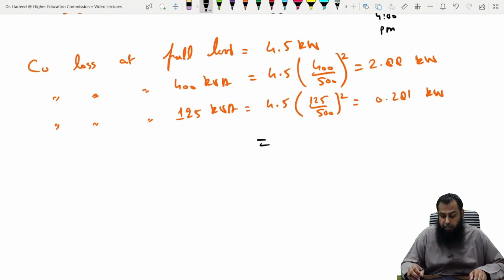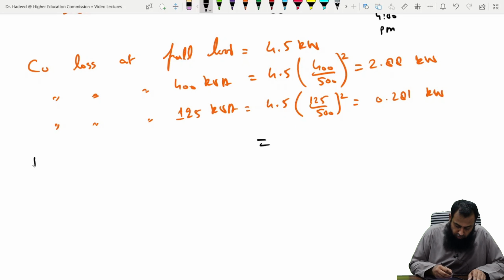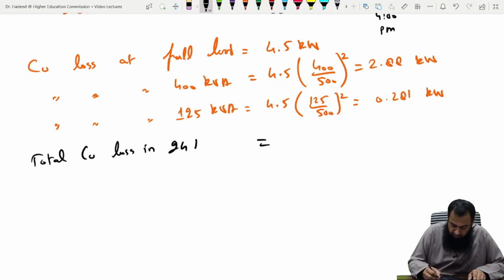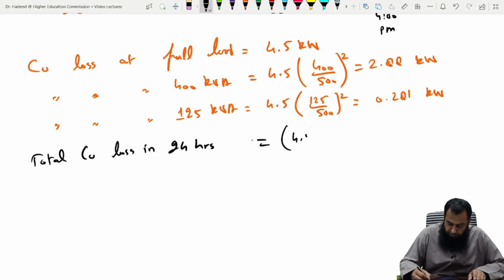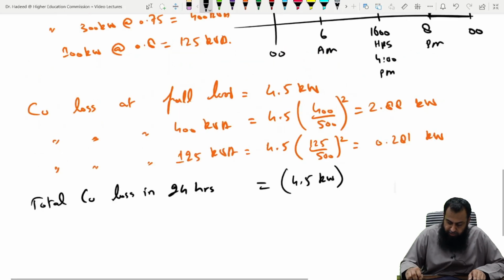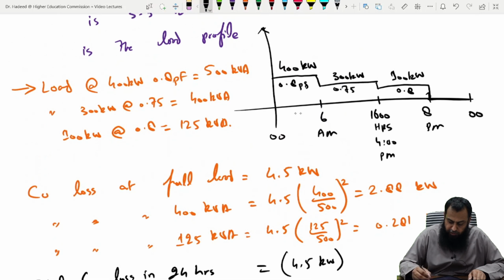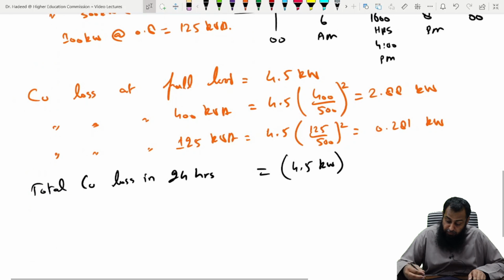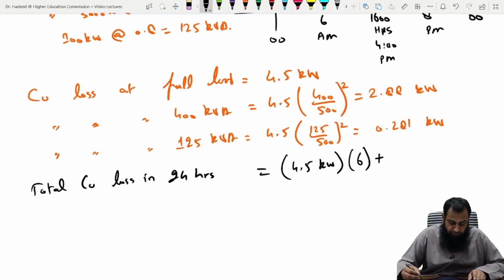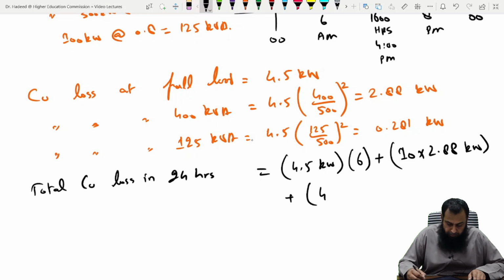So the total copper loss is a sum of all these three, but we need to multiply it by the hours as well. So the total copper loss in 24 hours is equal to 4.5 kilowatt, and that is happening for this 6 hours duration from midnight to 6 a.m., so we multiply it by 6, and then we add 10 hours for 2.88 kilowatt copper losses, and then another 4 hours for 0.281 kilowatt.